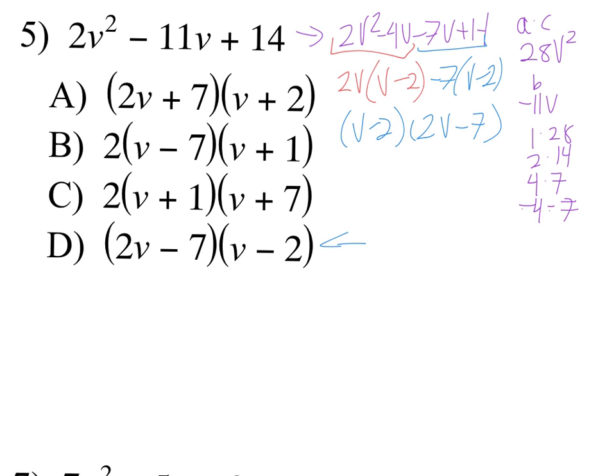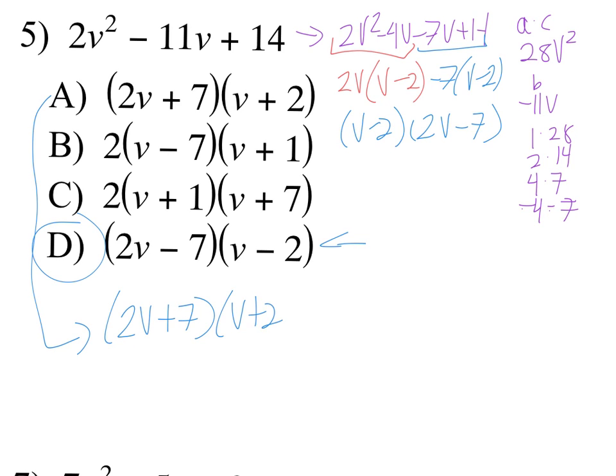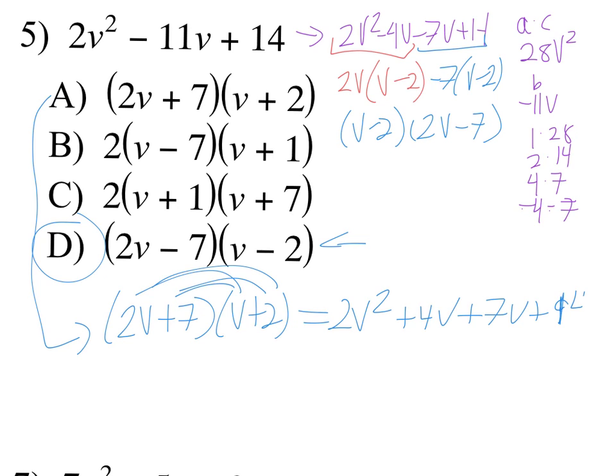If I don't remember how to do that, one of the things that I could do instead would be to multiply these pieces out. So, for example, 2v plus 7 times v plus 2, that would be 2v squared plus 4v plus 7v plus, I was about to say 9, but that's plus 14, which does not give me the same thing as my original question.